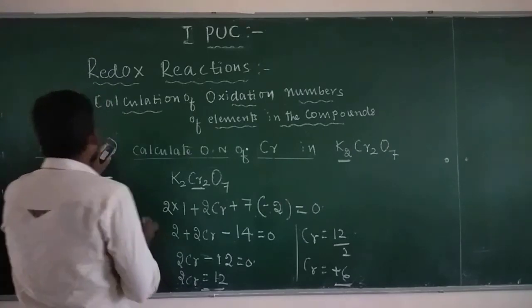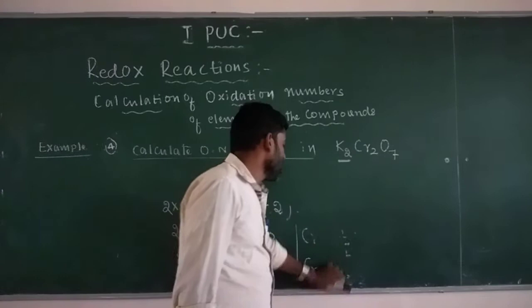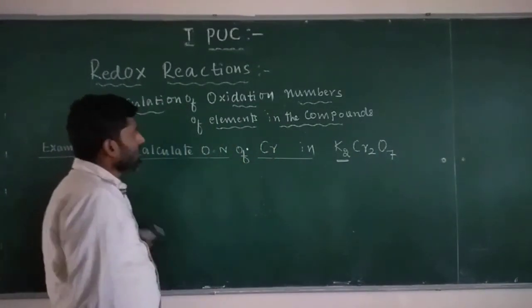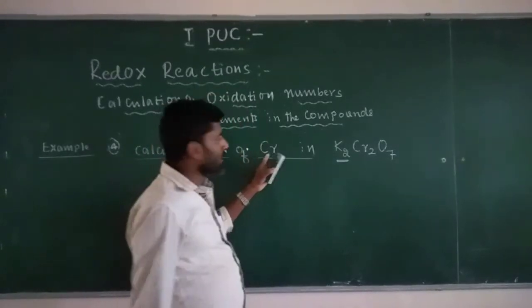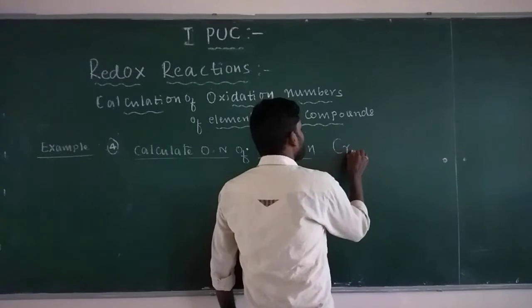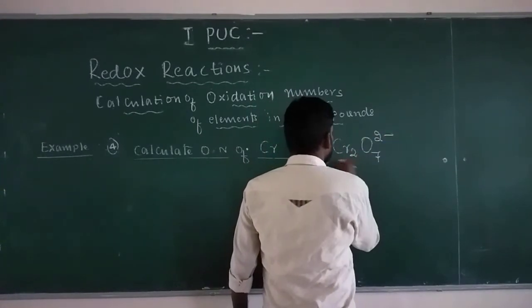Next example 4. Calculate the oxidation number of chromium in Cr2O7 2 minus.